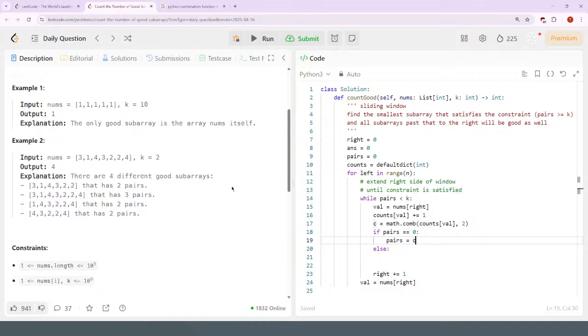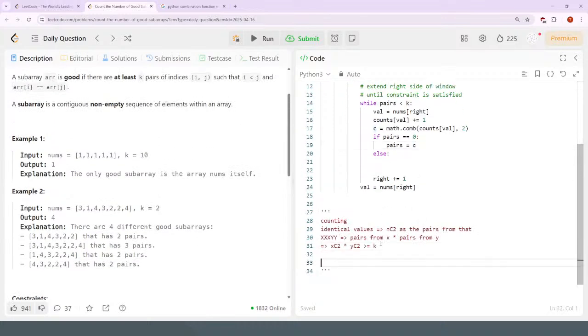So let's say you had an array that was all ones, right? So the first one, there's no pairs created. The second one, there's one pair created from these two. So at that point, the number of pairs is 1. And then the third one, that would cause it to have 3 ones, which is 3 choose 2, which is 3.